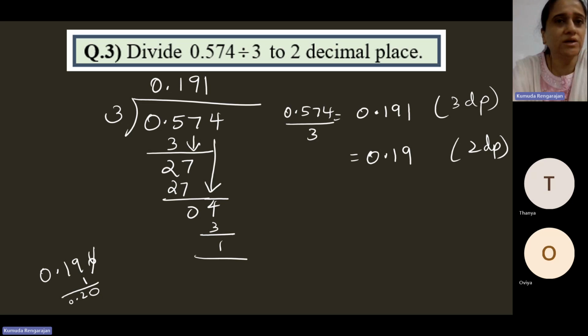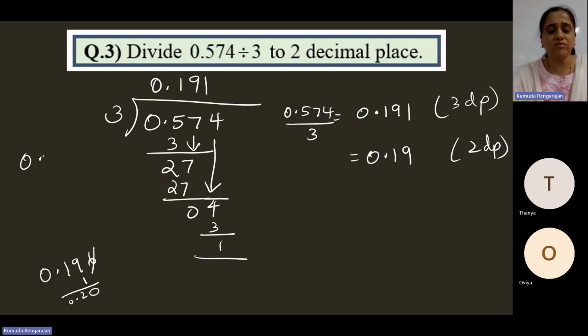If the digit which you're taking away is 5 or less than 5, just take it away. It's like adding 0.